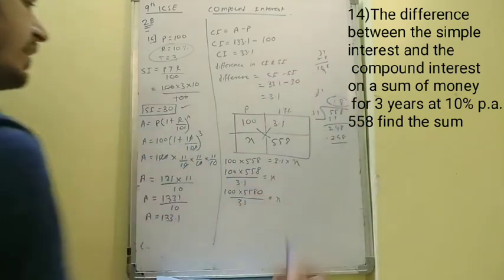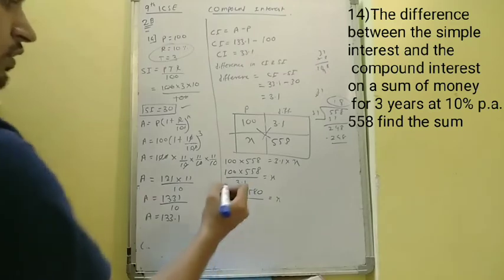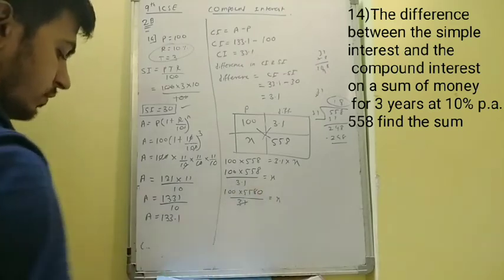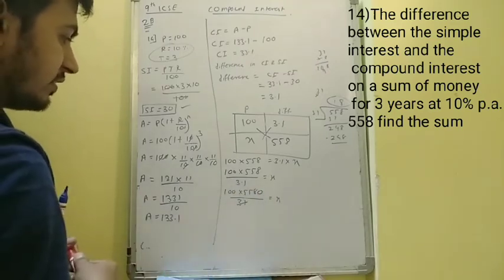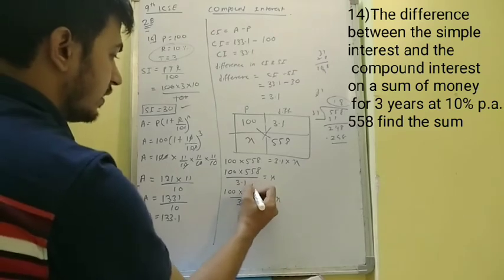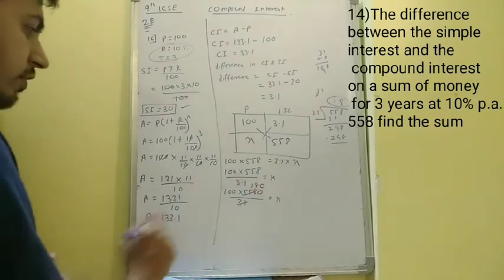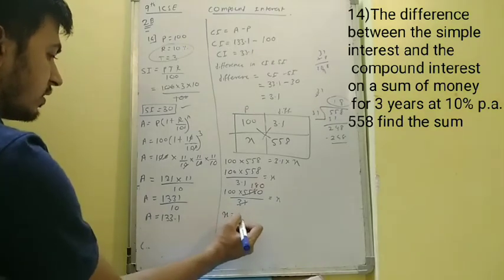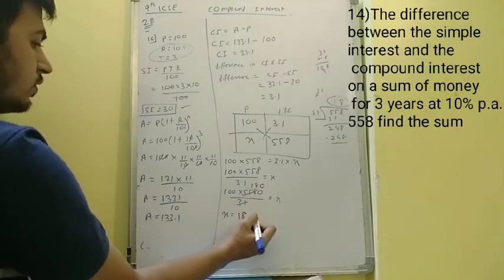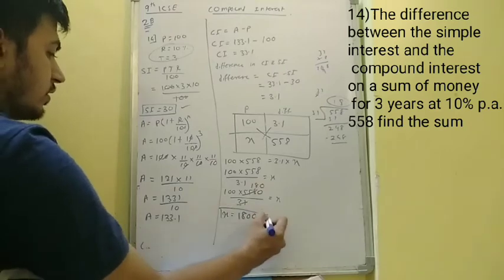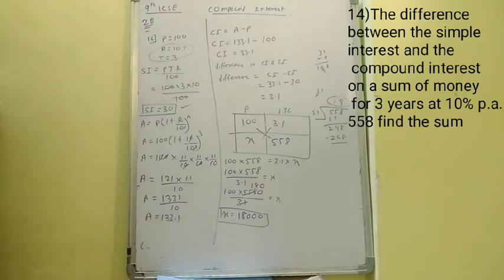So I am having 18. Okay, so 31 ones are 31, 31 eights are 248, and this 0 as it is. So what is the value of x? The value of x is 18000. That is, the principal is 18,000 rupees.